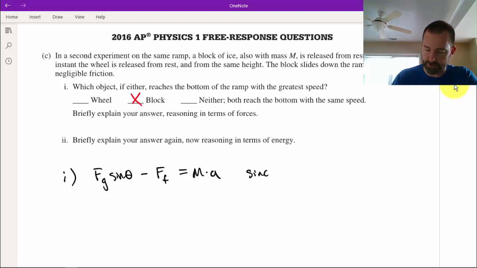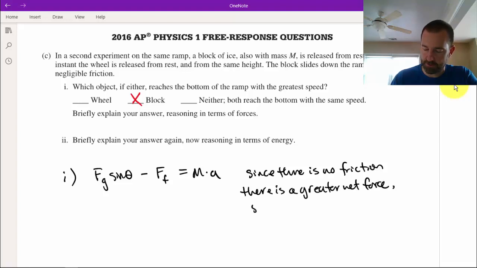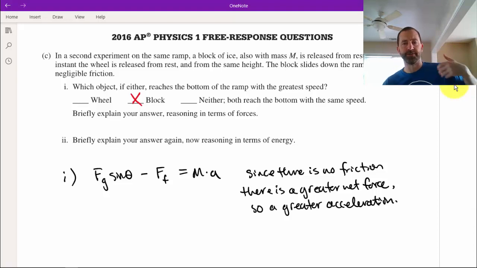So since there's no friction, there's a greater net force, so a greater acceleration. And since they're both starting from rest and they're both going the same displacement down the ramp, then they'll have a greater speed at the bottom. So that's in terms of forces.